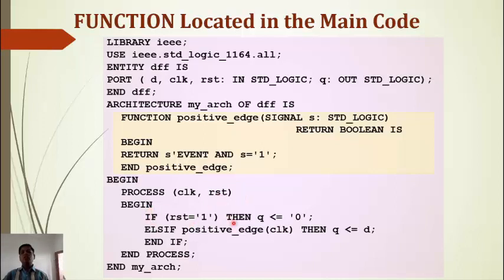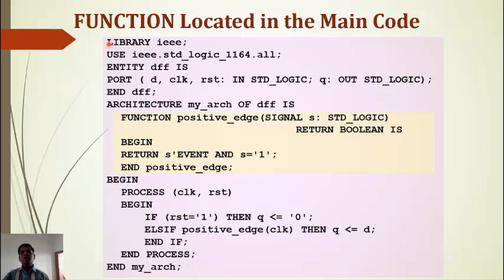If reset = '1' then Q <= '0'; else if positive_edge(clock) then Q <= D. In this way we have assigned the value for Q: if reset is 1, Q is 0, and if a positive edge occurs, then Q is equal to D. Then end if, end process, and end my_arc.